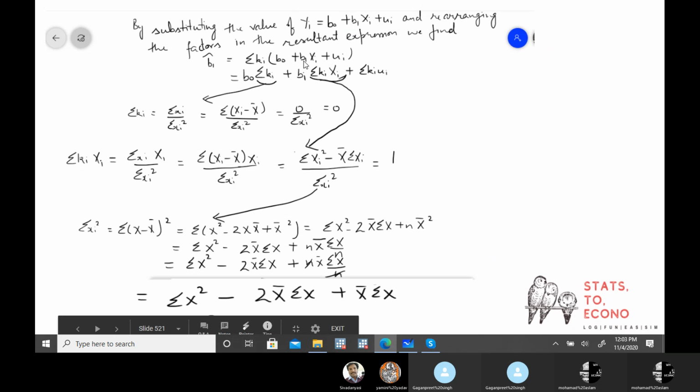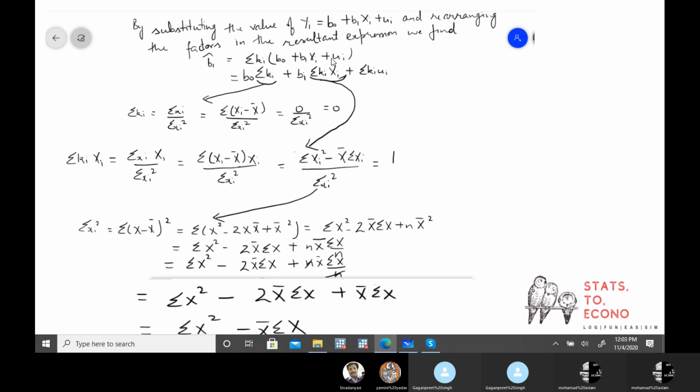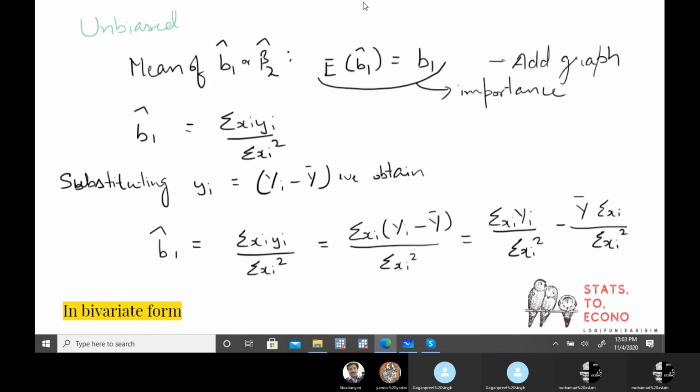Now this is the value of yi, right? The population equation: yi equals the intercept plus the slope coefficient multiplied by the independent variable plus the residual term. And only here we have this population parameter. So deliberately we are going to put this here, because we have to prove that the expectation of beta 1 hat is equal to beta 1.